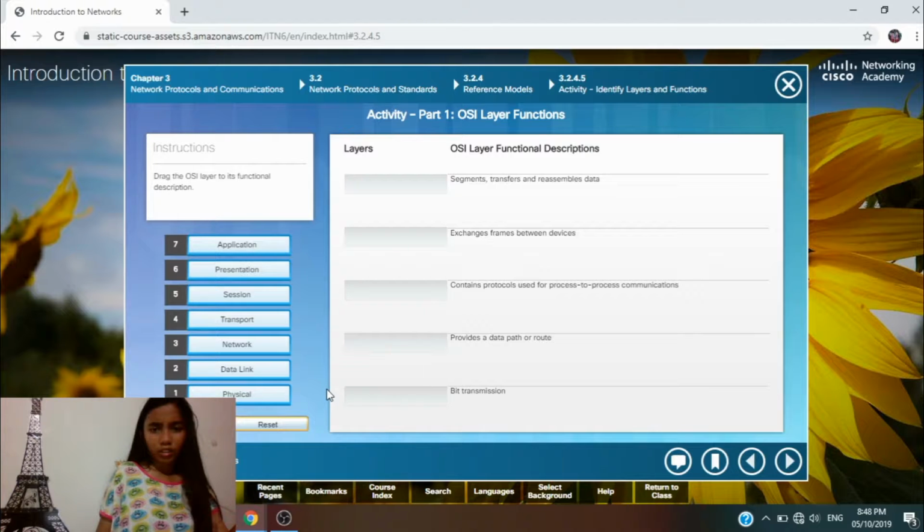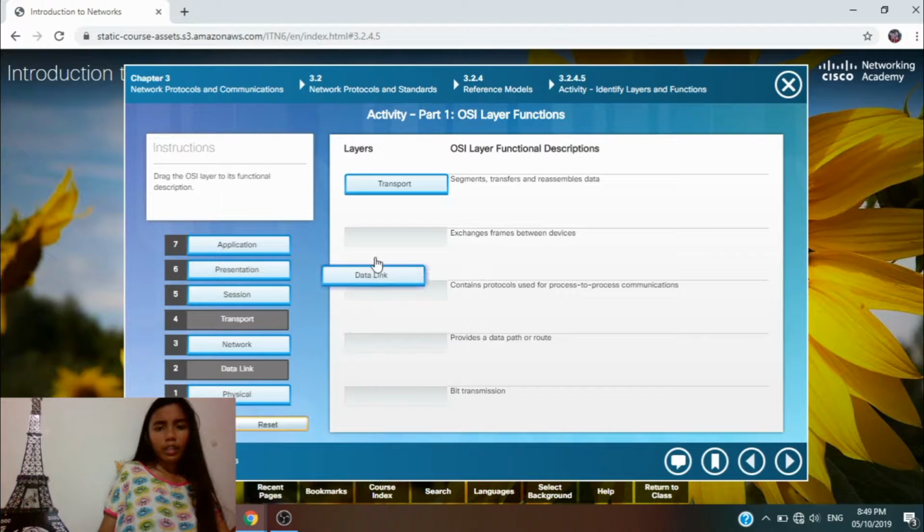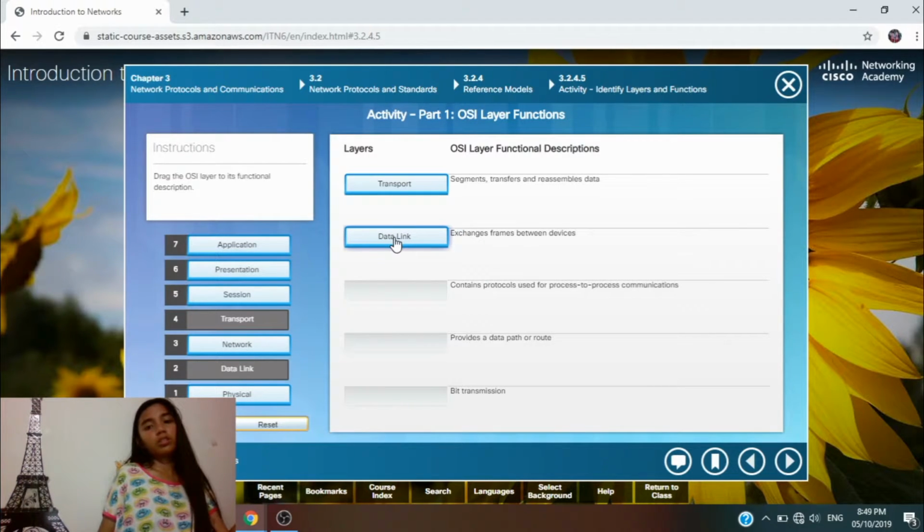So first is transfers. There is a keyword, so that will be transport. Next is exchange frames, so that will be data link. It exchanges between the devices.